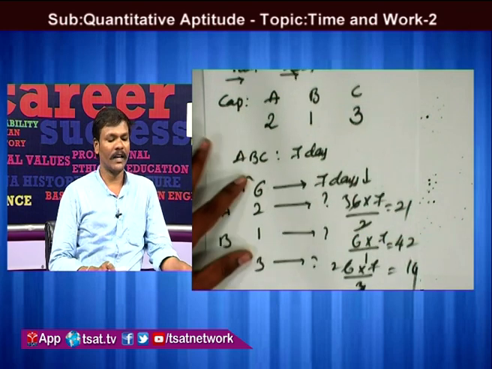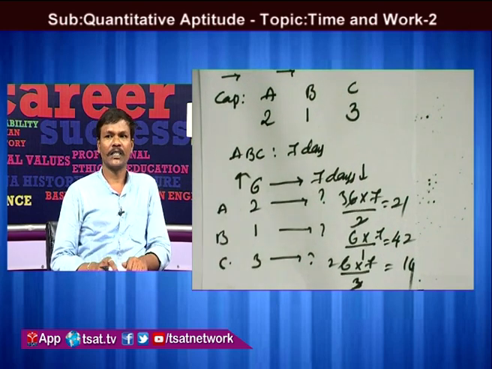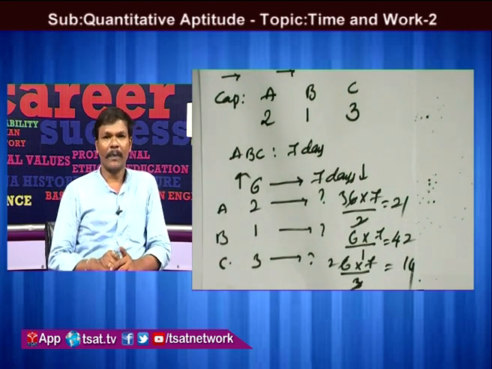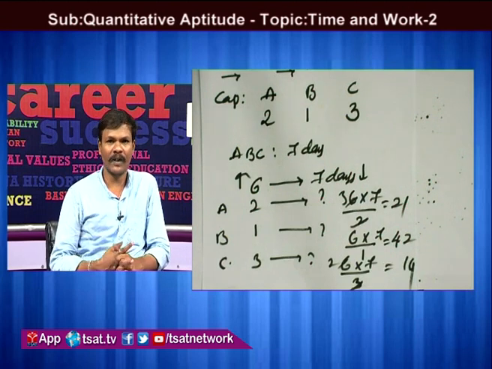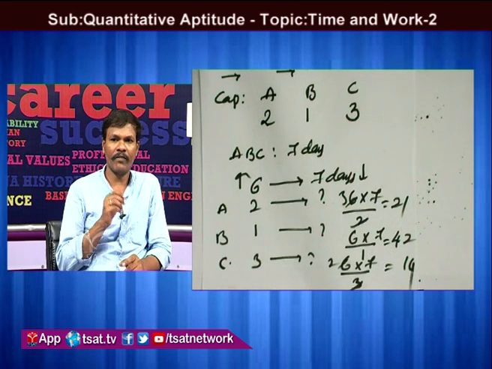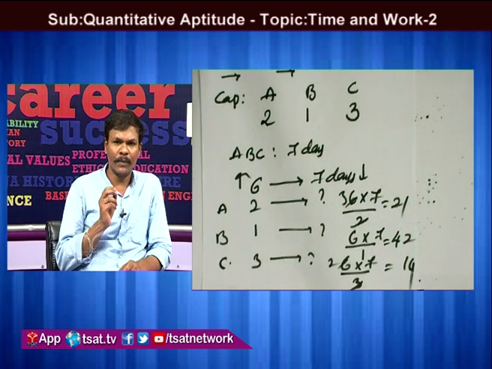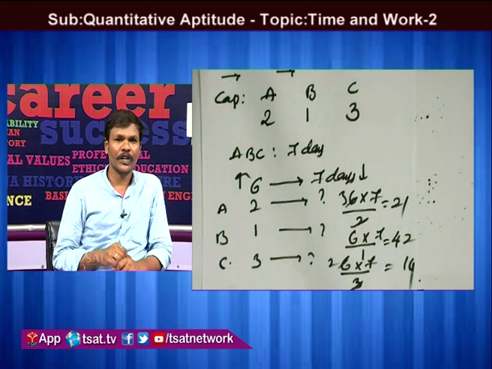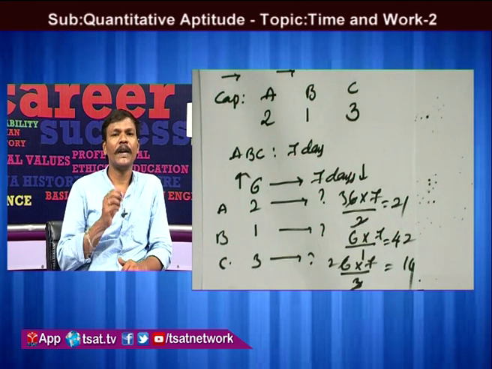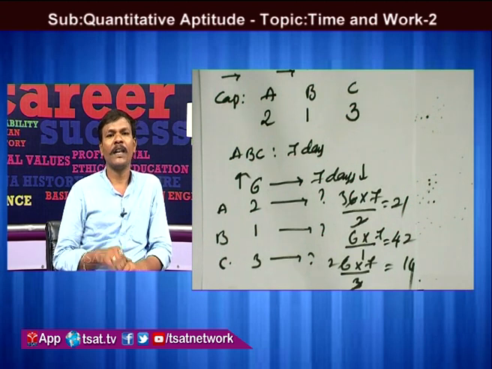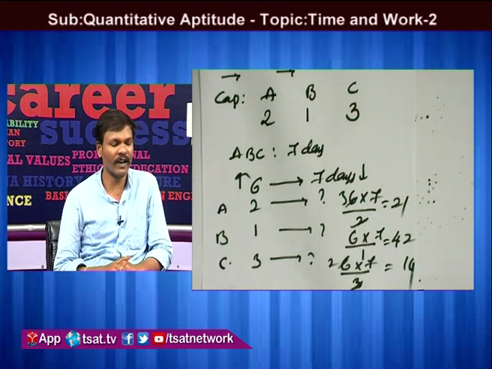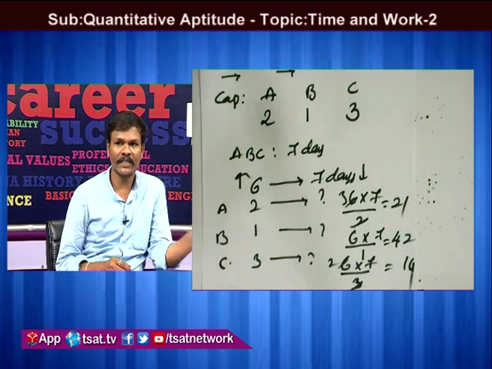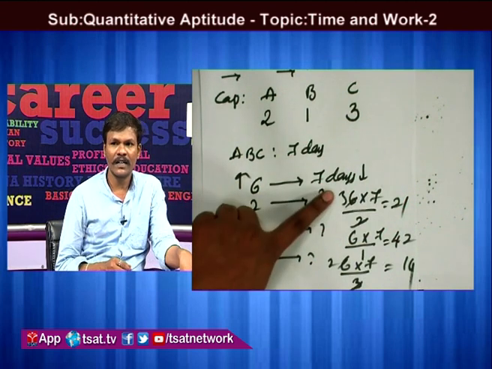Is it clear? Already we have discussed the capacities. When it says that A takes half as long to do a piece of work, it means A takes half of the time, so his capacity is double that of B. So A's capacity is 2, B's capacity is 1, C's capacity is A and B together, that is 3. All together working in 7 days means 6 capacities are working in 7 days.